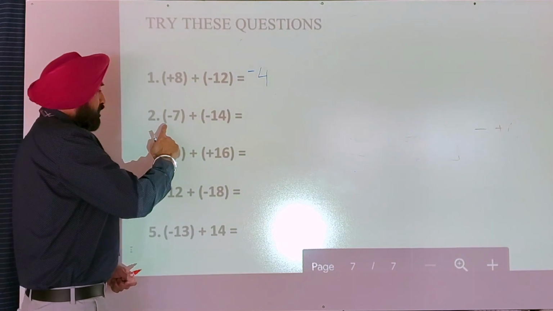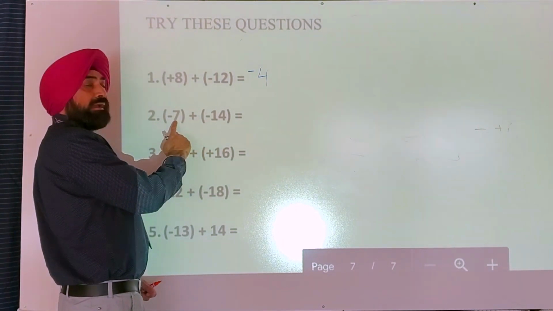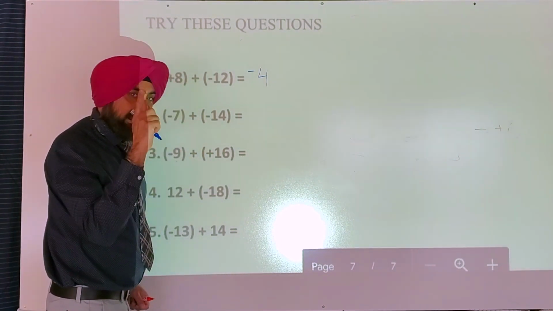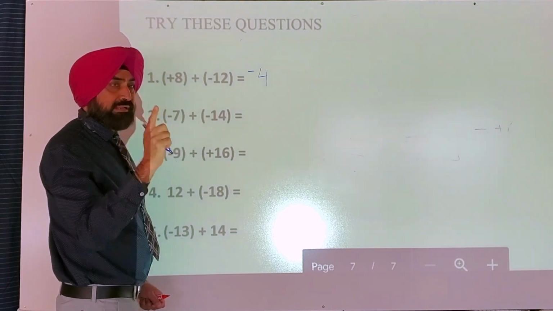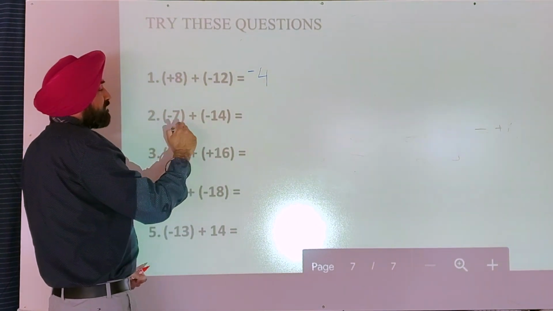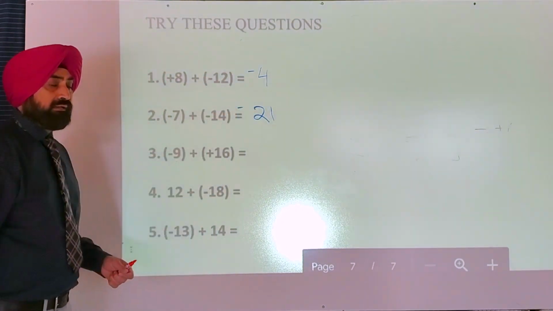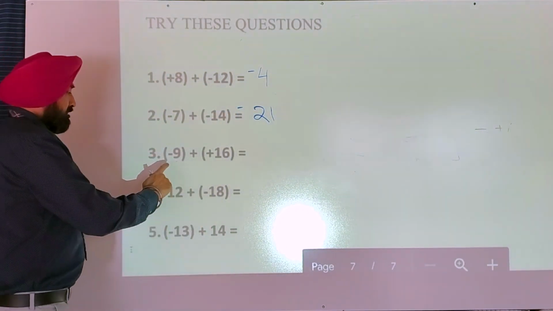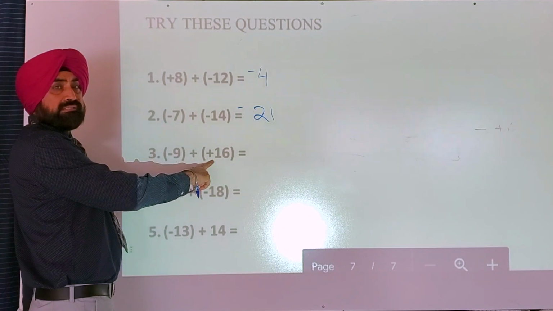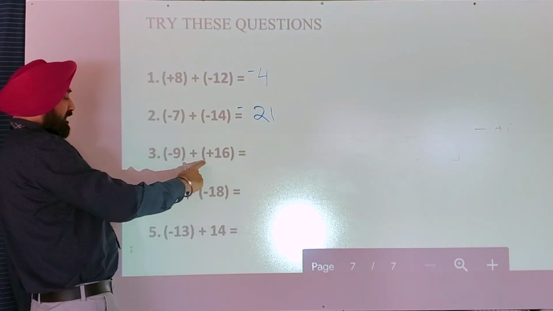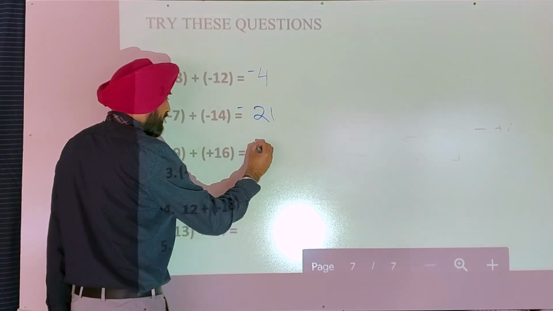Next one, both are negative and we are adding. Negative, negative, we add, and the sign is negative. 14 and 7 is 21, sign is negative. One negative, one positive, we subtract. 16 take away 9 is 7.